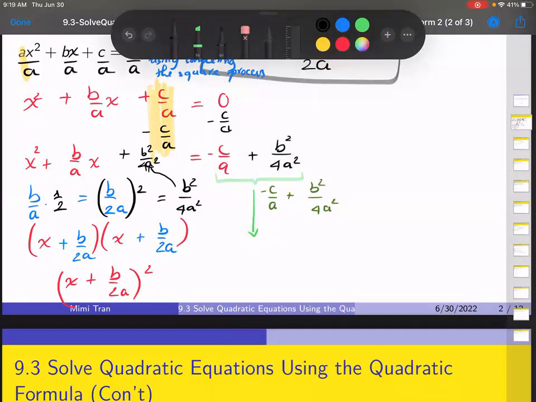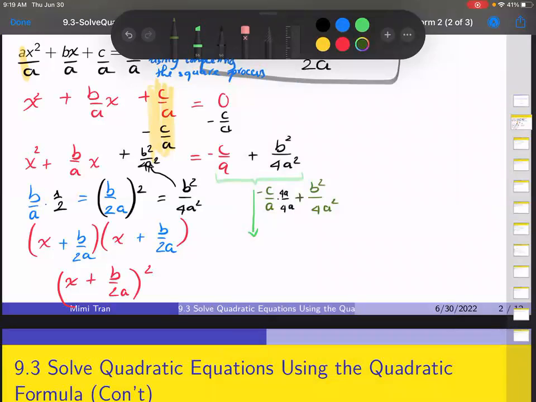Multiply both top and bottom by whatever is missing, 4a over 4a. Make sure you do both so you don't change it. Okay, so now they have the same common denominator. All I have to do is add in the top.